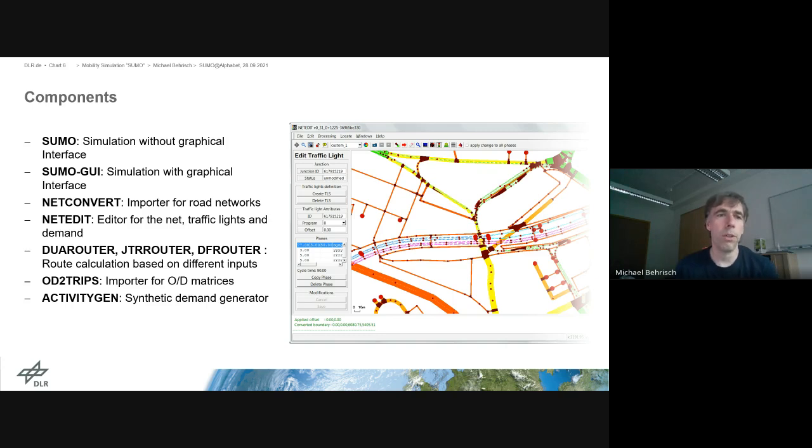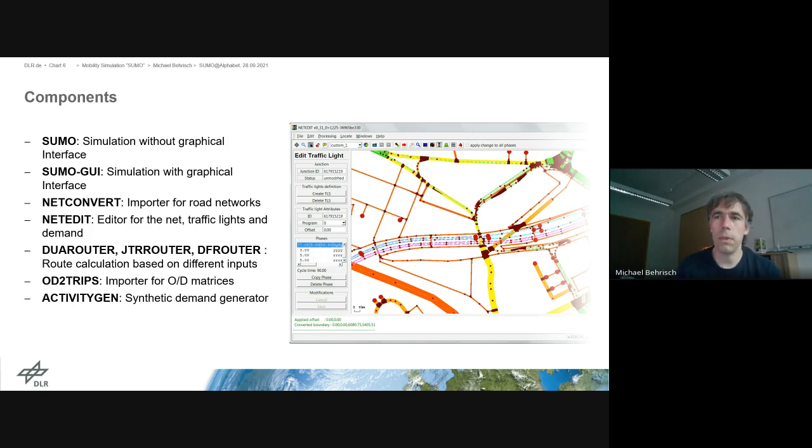That's basically what DUA, which stands for Dynamic User Assignment Router, does. Then we have JTR router, which does junction turn ratios, and the DF router for detector flows. So if you have counting locations in your network and want to derive routes just from the counting locations, the DF router is your tool. There's more to it, but maybe we can talk later about this.